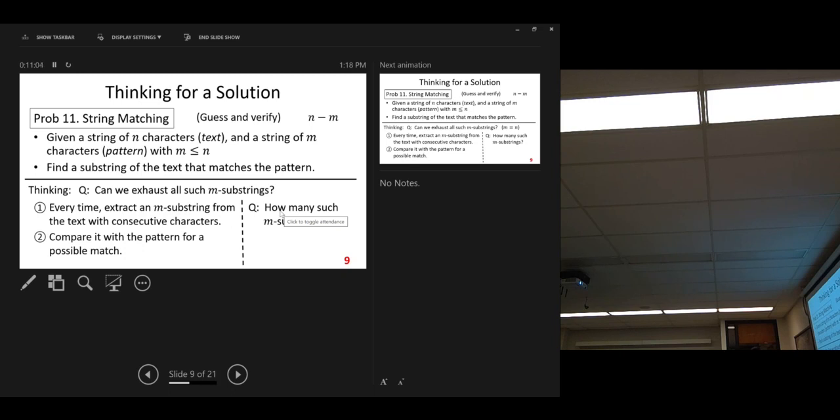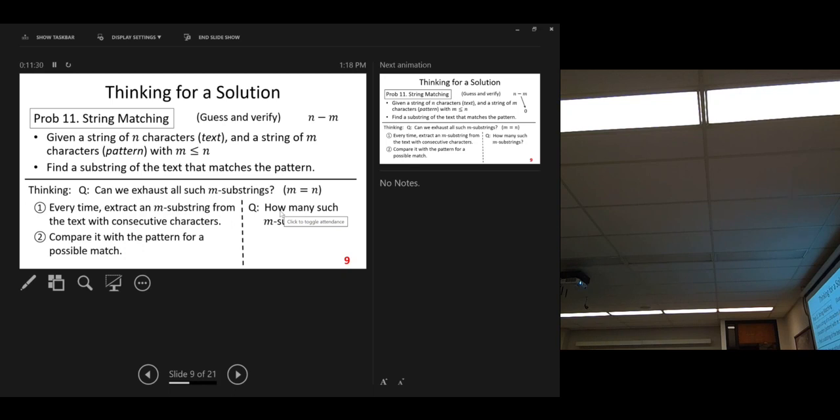So after this guess, we need to verify it. How much does it miss our goal? How to verify? Very simple. Let's consider a special case, when m equals n.